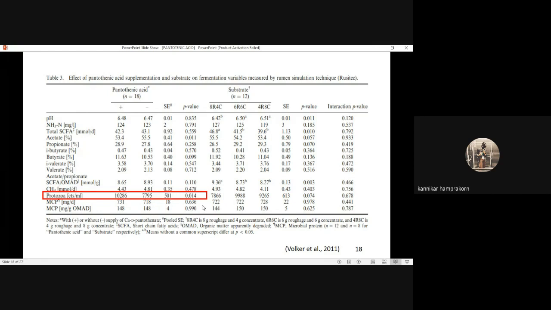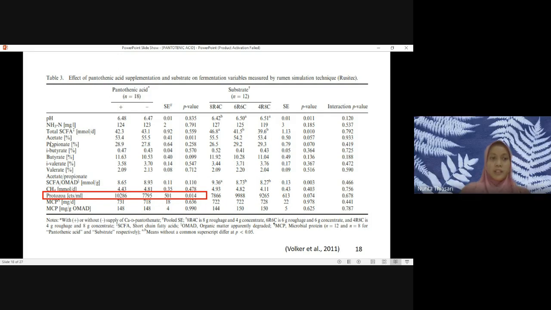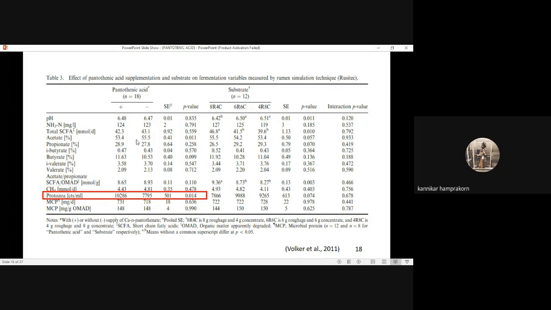Could you explain a little more about the relationship with using pantothenic acid that decreases the percentage of acetate in the table? When you feed pantothenic acid, why does it decrease the acetate in the ruminant? Can you explain that a little, please? Okay, thank you.